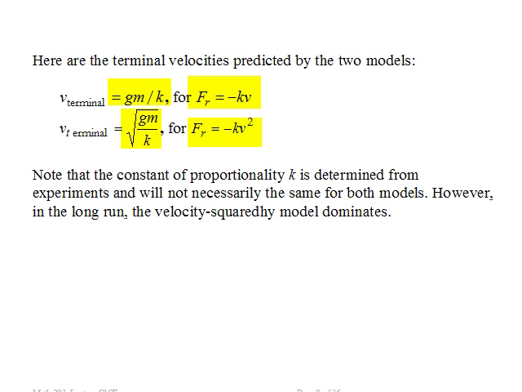These are all positive values, so the square root of them would be less than the terminal velocity for the other resistive force. This is a stronger resistive force. And again, the k in both equations is not necessarily the same. I just use it so we didn't have too many letters running around. The more realistic model, the one that seems to dominate in practice, is this model right here.